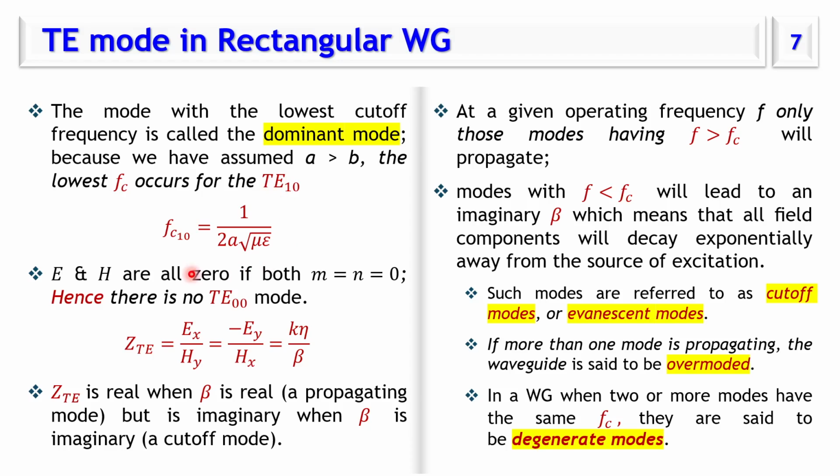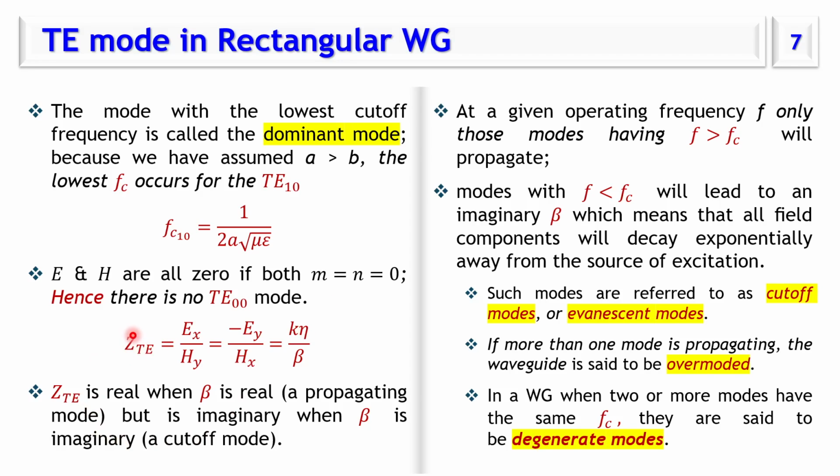So this is the lowest cutoff frequency. If m equals n equals 0, we'll find that E and H will be 0, and there is no mode. So there is nothing called TE00.